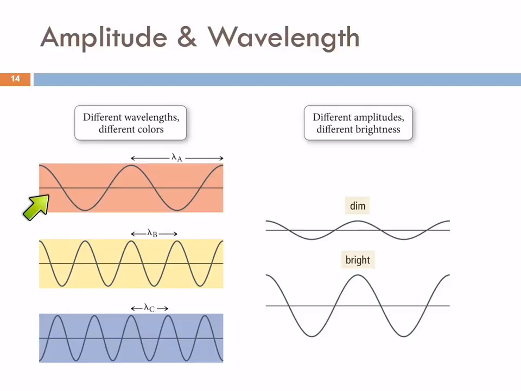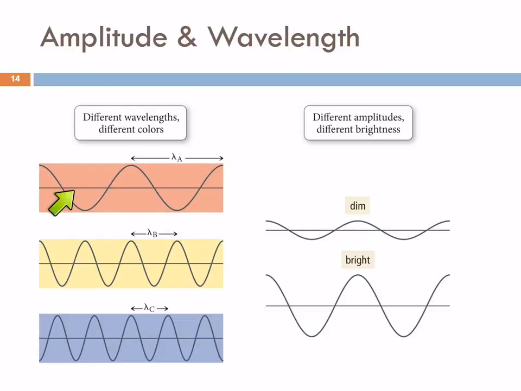What we observe with visible light is that different wavelengths our bodies interpret as different colors. And that's a whole other subject, how we observe this electromagnetic radiation and turn it into all the beautiful colors that we see. We have receptors in our eyes that the light hits, and the frequency tells our brains different things, and our brains interpret that as different colors.